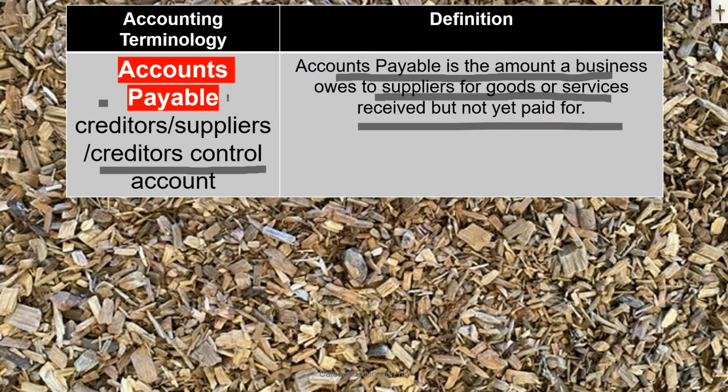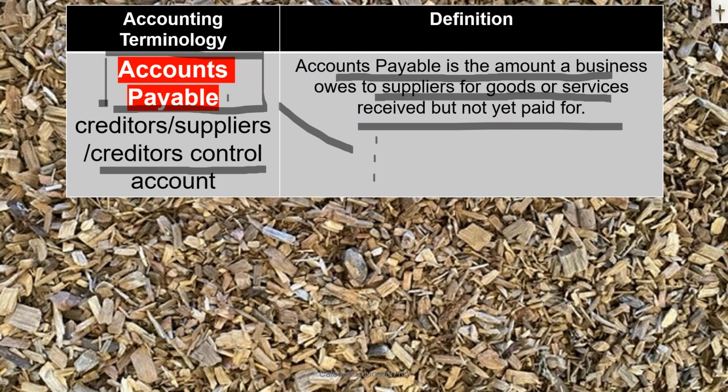We've bought these items on credit, and that is why it's called accounts payable. And accounts payable will consist of all your individual creditors, like Builders Warehouse, Builders Express, the computer store in our example.